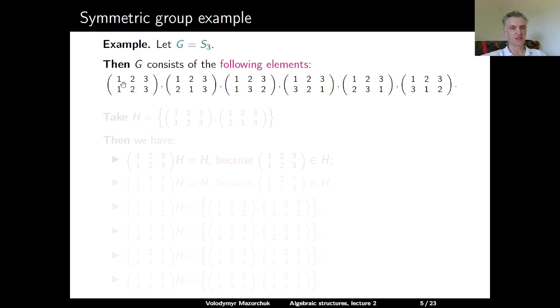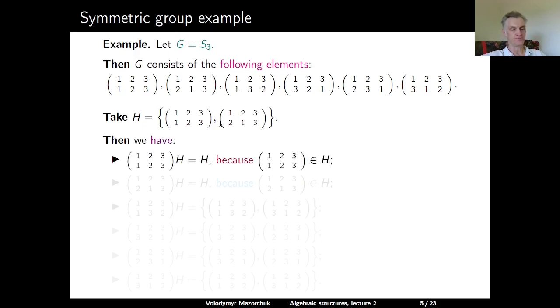The bijections are: 1, 2, 3, that's the identity; 2, 1, 3, that's a transposition of 1 and 2; 1, 3, 2, that's a transposition of 3 and 2; 3, 2, 1, that's a transposition of 3 and 1; and then we have also 2, 3, 1, that's a cyclic permutation of 1, 2, and 3; and 3, 1, 2, that's another cyclic permutation of 1, 2, and 3. Let's take as H the subgroup which contains the identity and the transposition of 1 and 2.